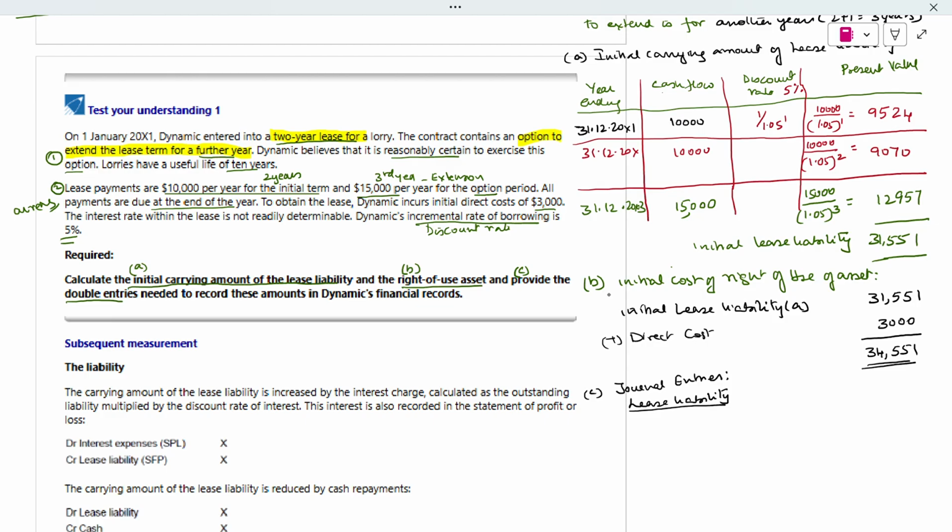Provide the double entries needed to record these amounts, okay? So lease liability will be credit. Is it right? How much is the lease liability? 31,551. Is it okay?